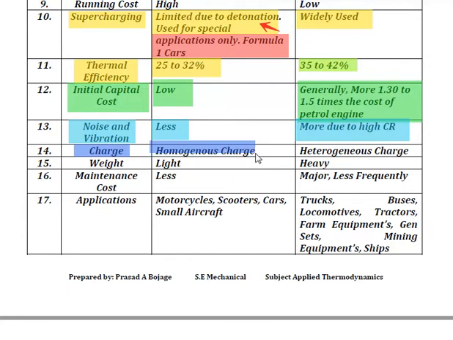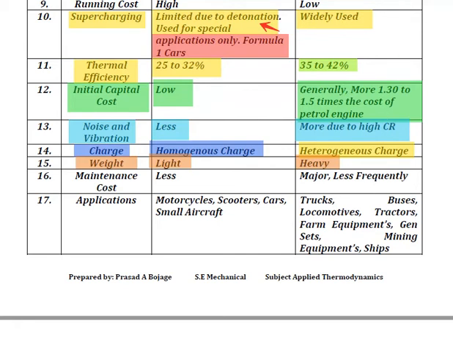Homogeneous charge means the air and fuel mixture is very proper, homogeneous in nature, whereas diesel and air mixture is heterogeneous in nature. So diesel engines are heterogeneous charge engines and petrol engines are homogeneous charged engines. Next point of comparison is the weight of the engine. Petrol engines are lightweight, whereas diesel engines are heavy engines.